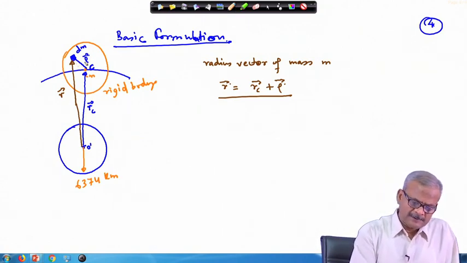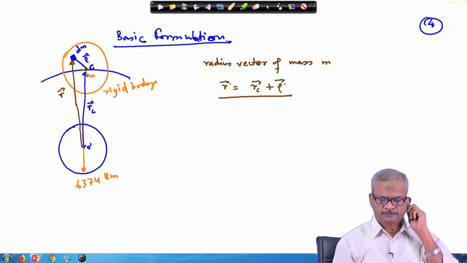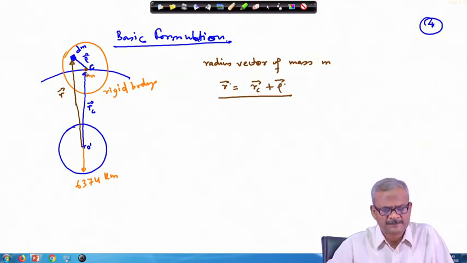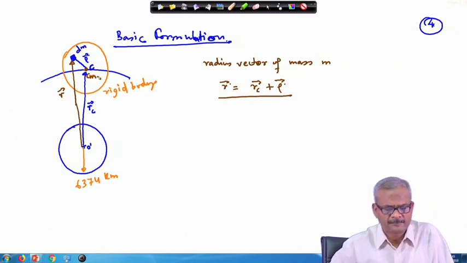Obviously, as we have discussed in the case of the dumbbell, there will be a force acting on this mass, and we can take torque about the center of mass. As per our earlier discussion in the previous lectures, if we write the torque equation about the center of mass, no extra term appears, but if we write it about any other point, an extra term appears. Therefore, we are choosing the center of mass and not any other point.